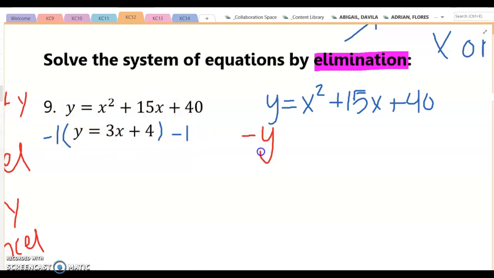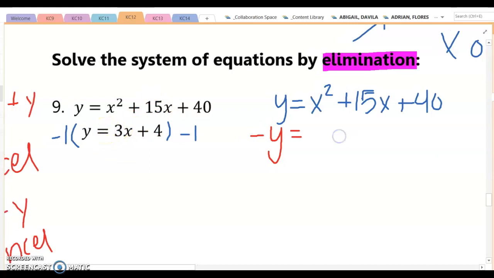So we'll have -y. And I'm going to line up our two x's, because right now they're not really lined up, and it's going to make it a little easier. So previously we had a positive 3x, now it's going to become a negative 3x, and your positive 4 is going to become a -4.